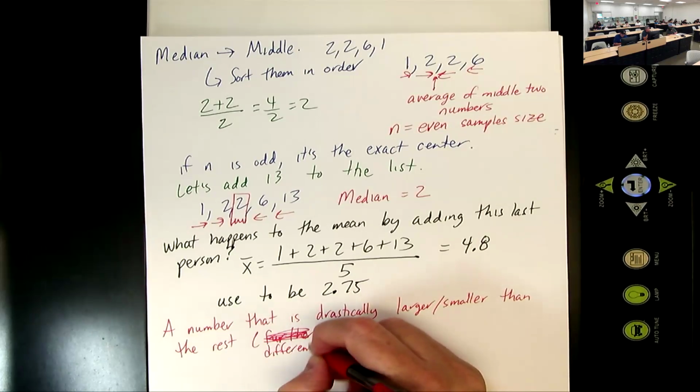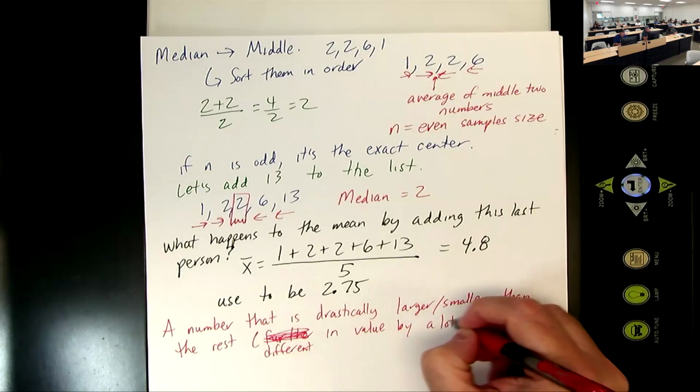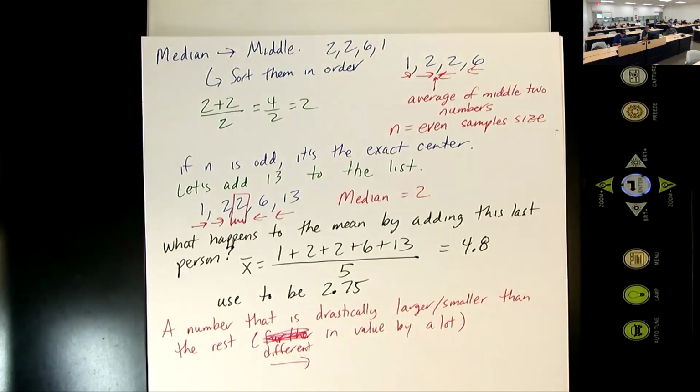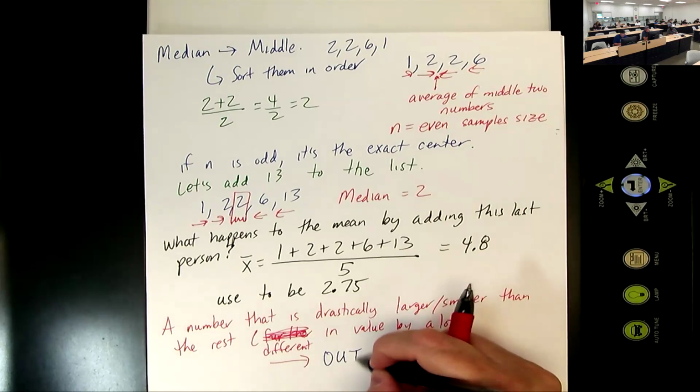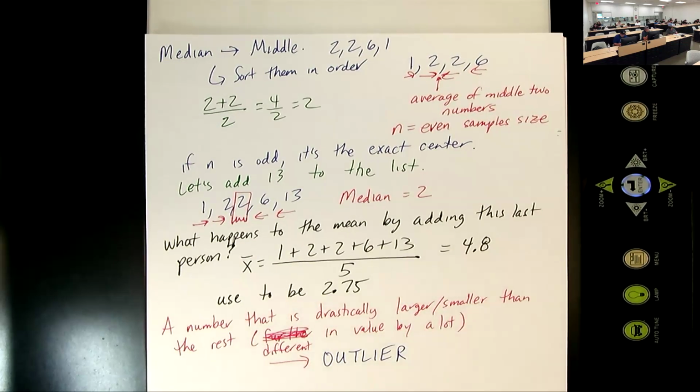Different in value by a lot. That is called an outlier. I would argue that 13 is drastically different than 1, 2, 2, or 6. It's over double the next lowest number.